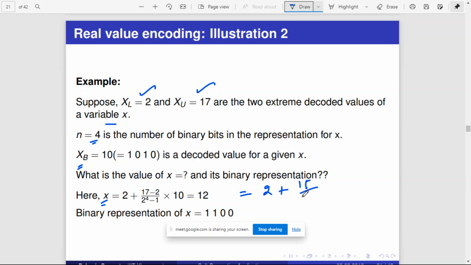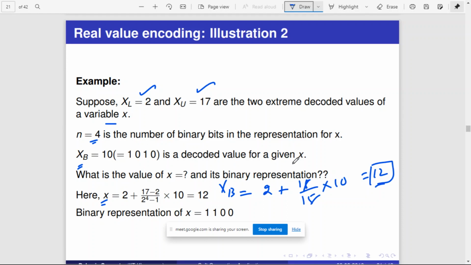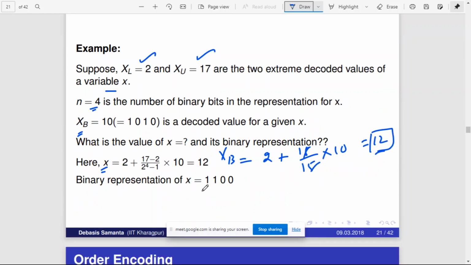So basically it is 15 by 15 into 10, which is 1 into 10. Okay, so 12. This is xb in decimal value, but again you have to convert it to binary. So this is the binary equivalent, 1100, right? So xb is 10 and the corresponding x is 1100.